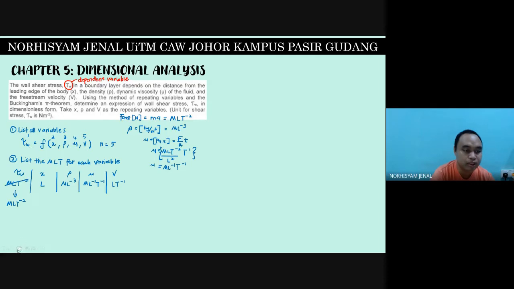Meter should be length, so it is L negative 2. All right, so if you do the calculation, 1 minus 2, negative 1. So M1, L1, T negative 2. Right? So instead of M L T negative 2, it is M1, L negative 1, T negative 2. Okay?